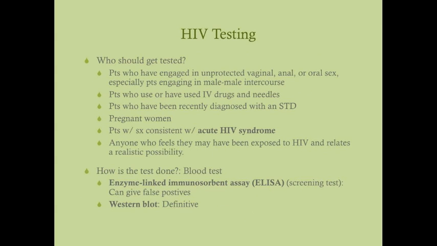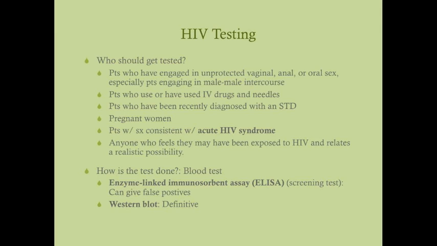Okay, so who do we test for HIV? Well, really, we should test anybody who feels that they may have been exposed to HIV and relates a realistic possibility. But as the physician, as the provider, you should know what those realistic possibilities are. So, patients who have engaged in unprotected sex obviously should be tested for HIV.